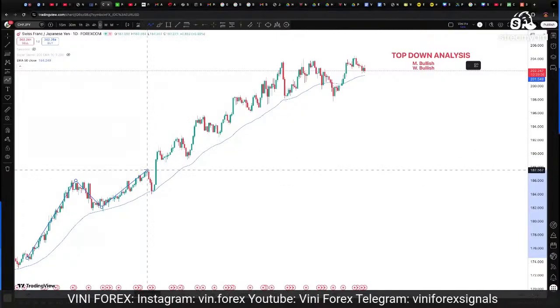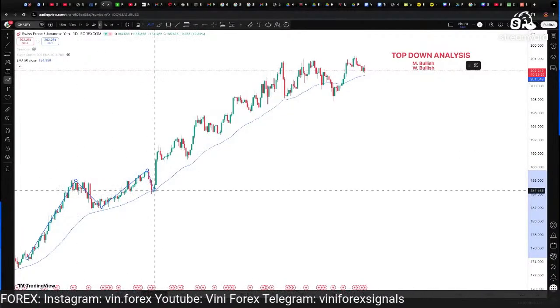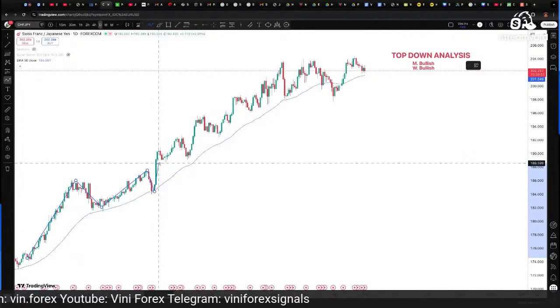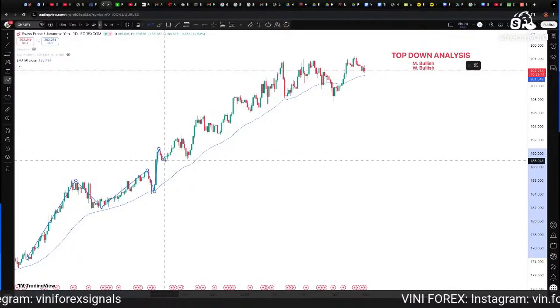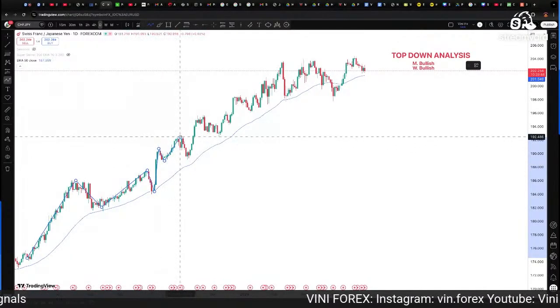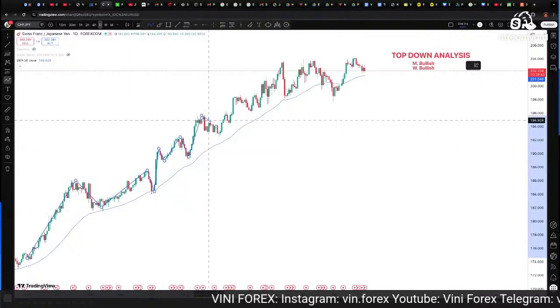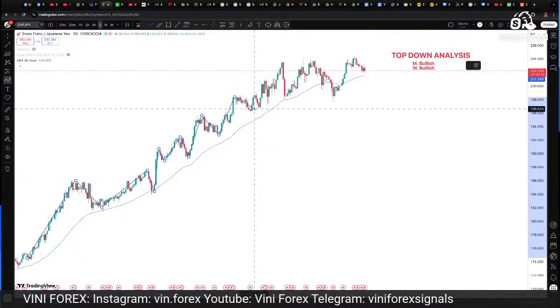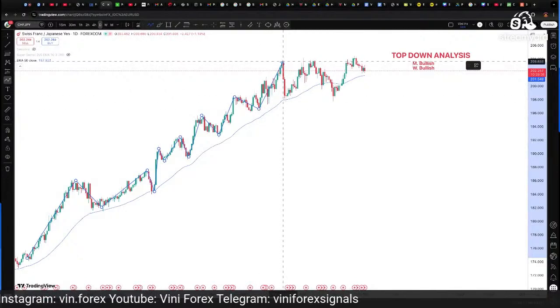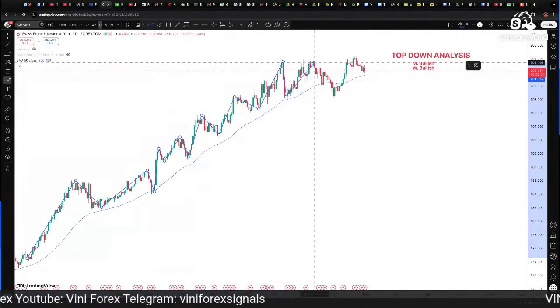A high here, because it's still higher than this, a low higher than this one, another high, and still a low. It gives us a higher high, a higher low, a higher high, a higher low, and then what?